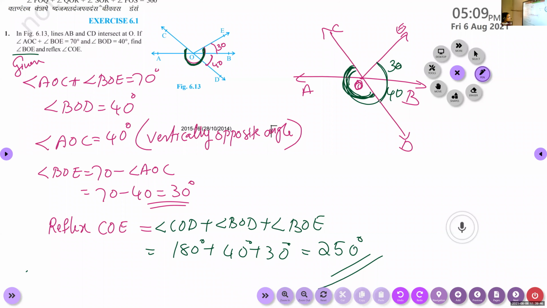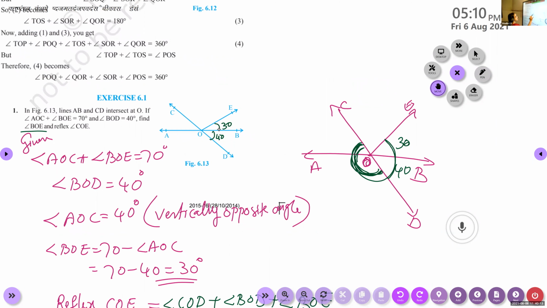Okay, is it clear? One more method is there that I will explain. This is the smallest way, but I will explain the other way also. Listen. This angle is 40 degrees and this is 30 degrees. BOE is 30 degrees and BOD is 40 degrees.